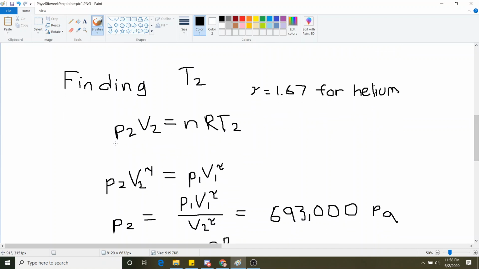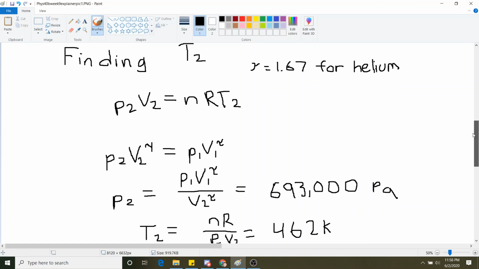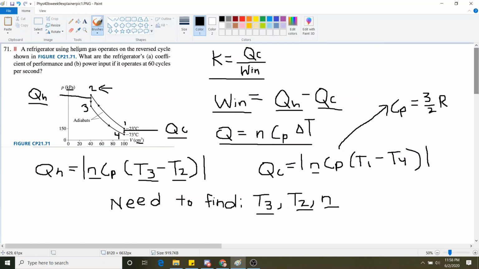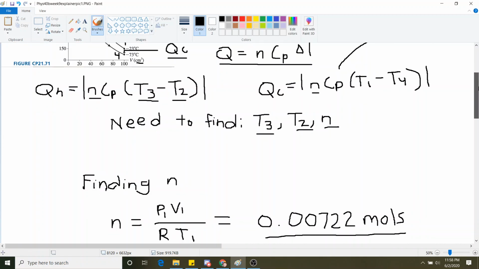but since we don't exactly know the pressure, we can use the equation for an adiabatic process. So the pressure at point 2 multiplied by the volume at point 2 to the power of some constant, which is going to be dependent on the gas that we're using. So it's 1.67 for helium, since in the problem it states that we're going to be using helium gas to operate the cycle.